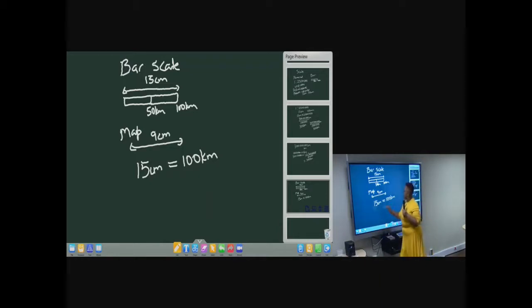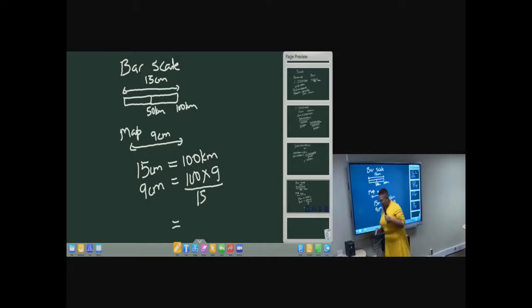Then you ask, the one I measured on the map is equal to how many kilometers? You use proportion once more: your 100 multiplied by what is at the bottom and divided by what is at the top, and you will get an answer of 60 kilometers. Let's recap how to use a bar scale. Measure your bar scale using a ruler.